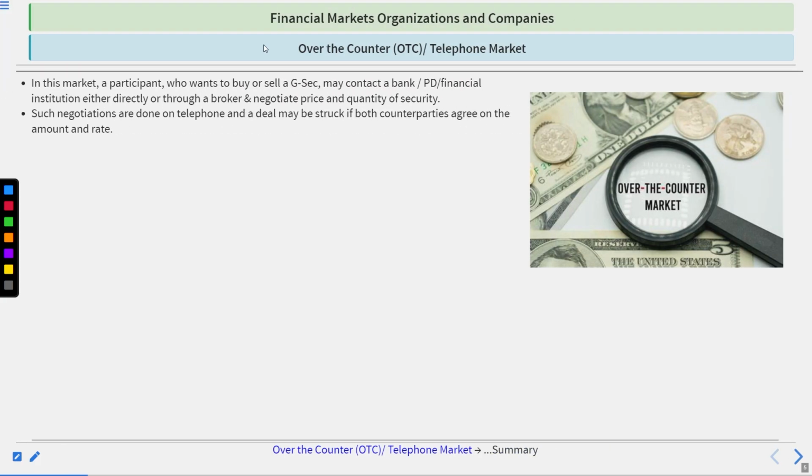So here the first thing that we are going to discuss is the over-the-counter OTC, or the telephone market. These are two alternative names used for the same thing.